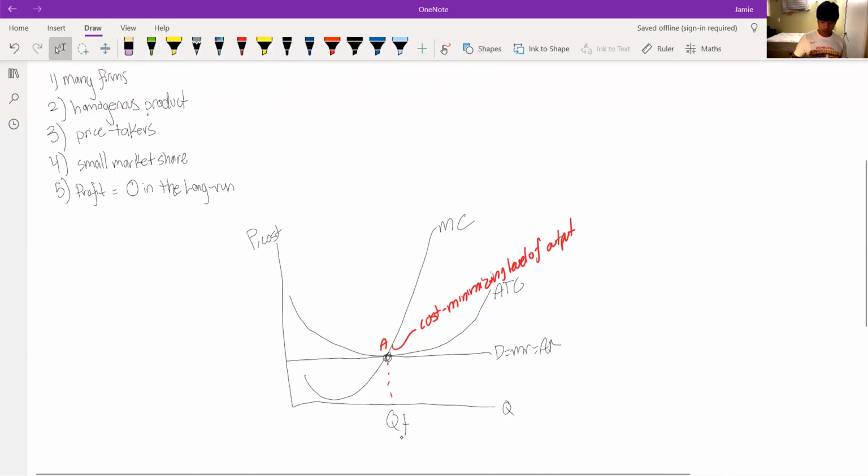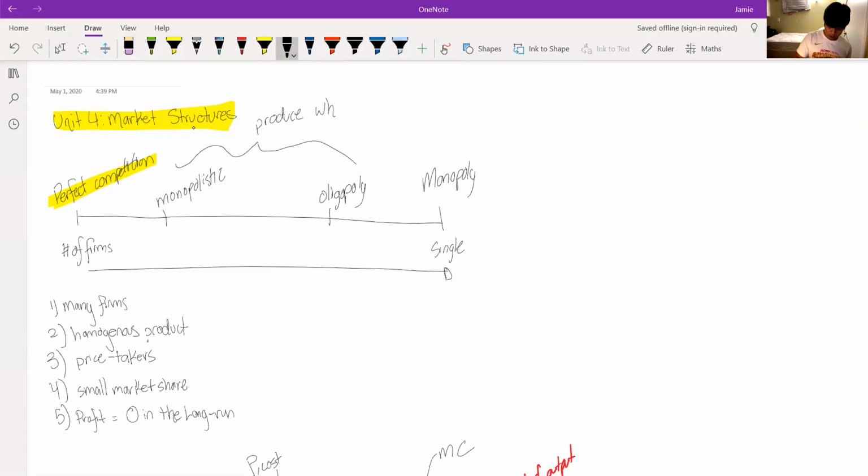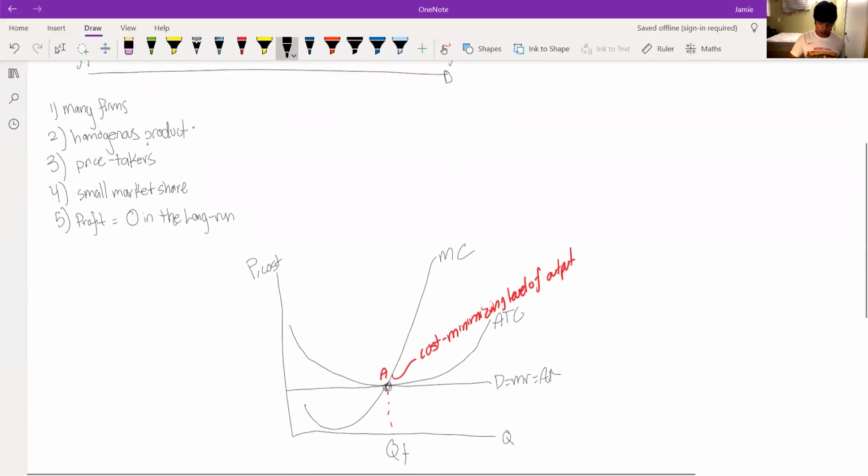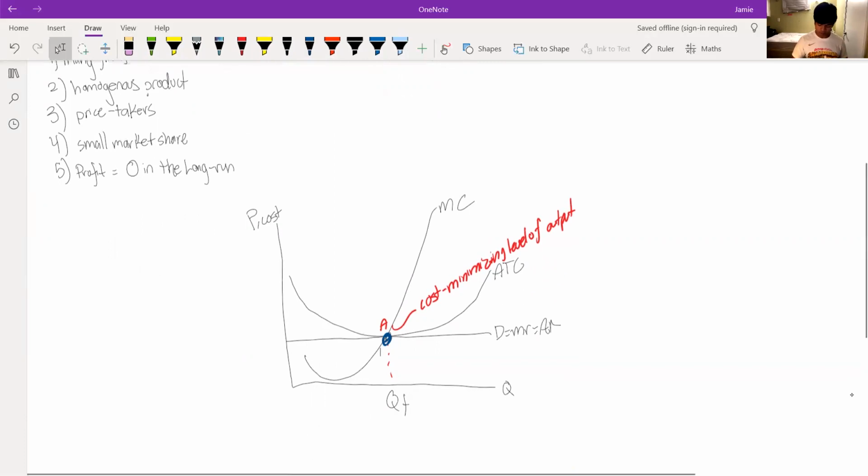Okay, and for every firm in any market structure, the key thing here is that all firms produce where marginal revenue is equal to marginal cost. So this would apply for the PC firm. And so they're going to produce right here, where marginal revenue intersects the marginal cost. And this also happens to be the cost minimizing total output.